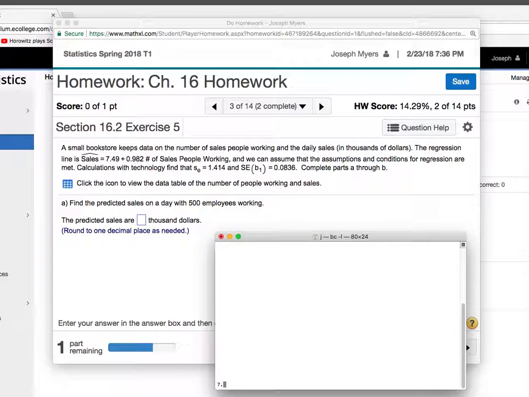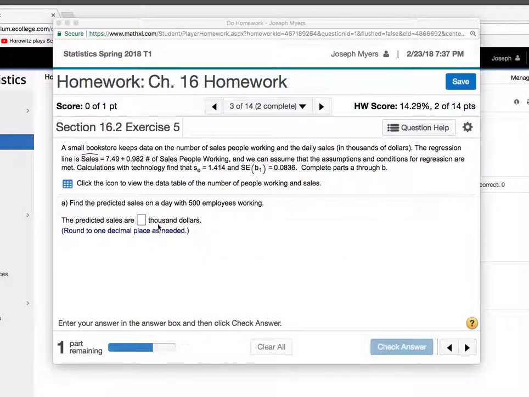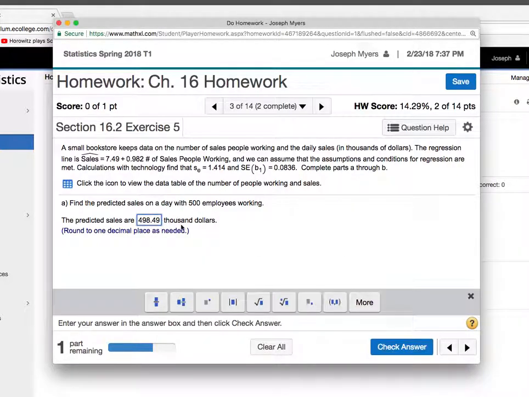It equals 7.49 plus 0.982 times the number of salespeople working, which it says is 500. So that would equal 498.49, which rounds off to 0.5.